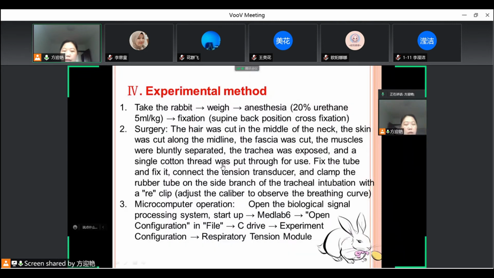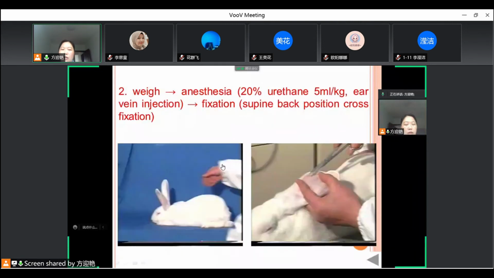Here we first weigh the rabbit and then anesthetize it.